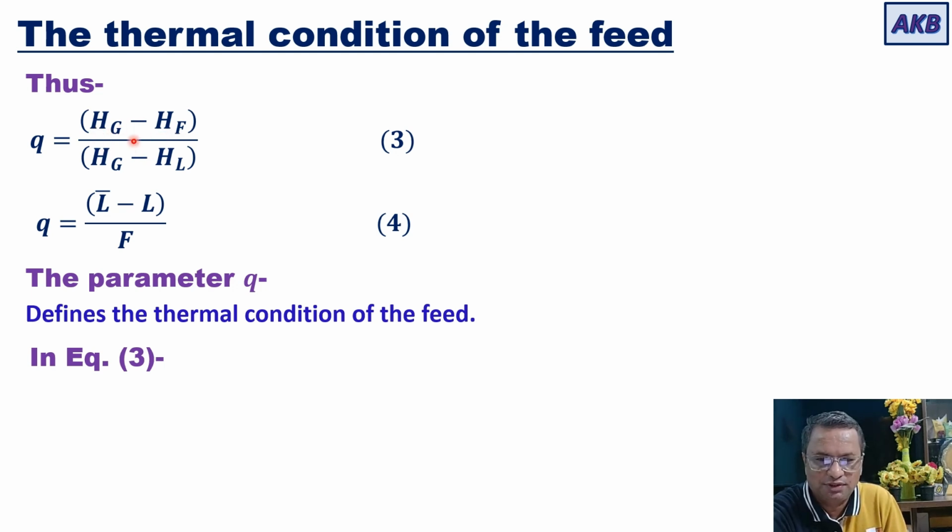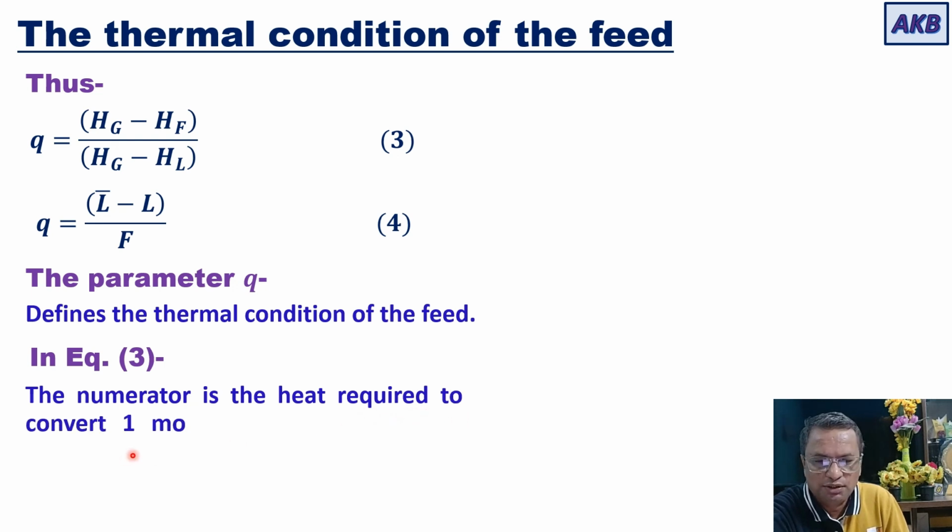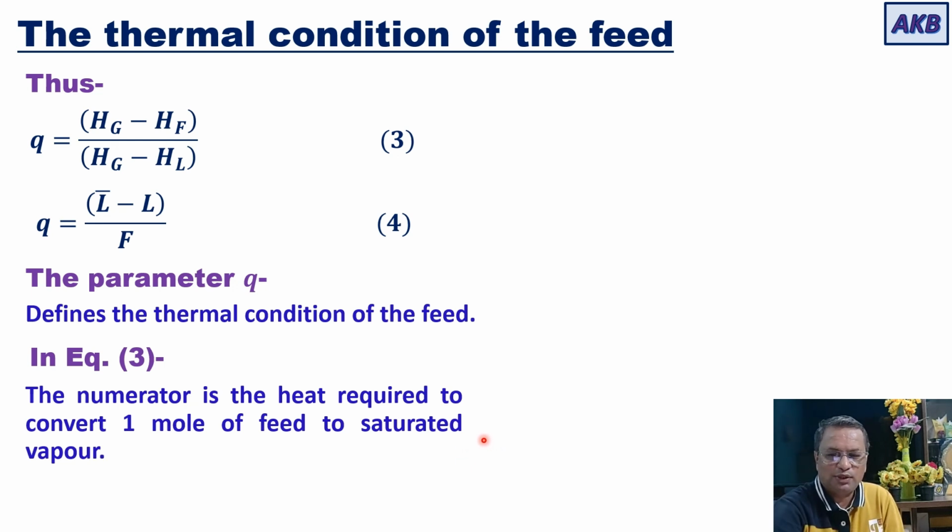Now, if you look at equation number 3, the numerator is Hg minus Hf. So, this is the difference between the enthalpy of the vapors and the enthalpy of the feed. That means in equation number 3, the numerator is the heat required to convert 1 mole of feed from its condition to saturated vapor.